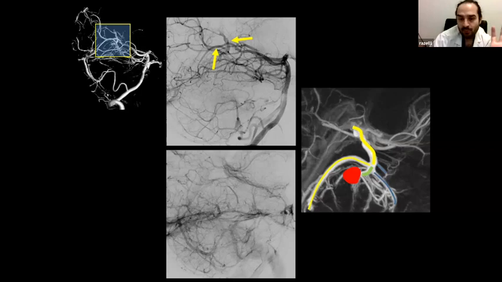So now we know from this anatomic representation that to treat this fistula safely, we should probably be able to close the vein only up to here, because we need to preserve the outflow of the vein. Now we go back to the 2D and try to understand these things. On the 2D we see the outflow to the precentral vein, to the superior cerebellar vein. On the later phase, we see those two brainstem veins that drain toward that direction.